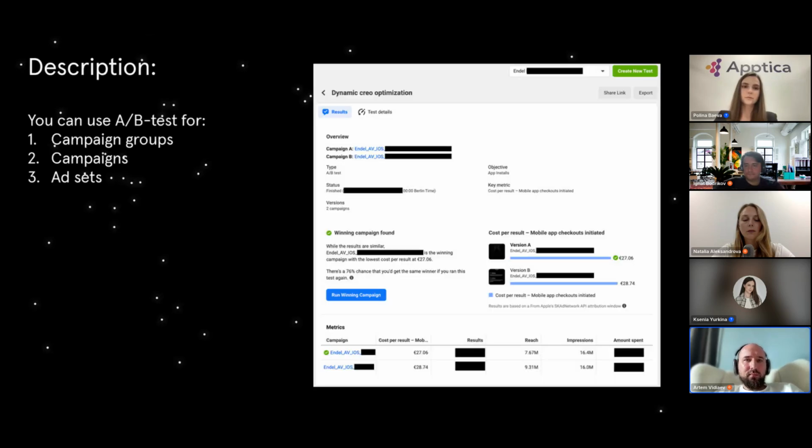Yeah, and some description, and you can see the results of this test. You can compare campaign groups, campaigns, Adsets, and it looks like this on your screen.